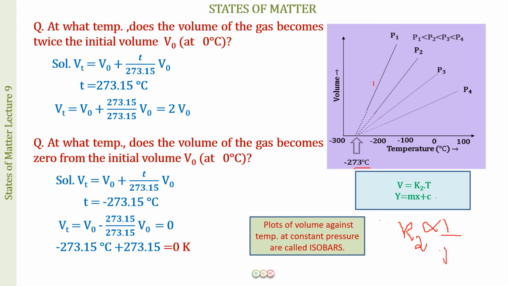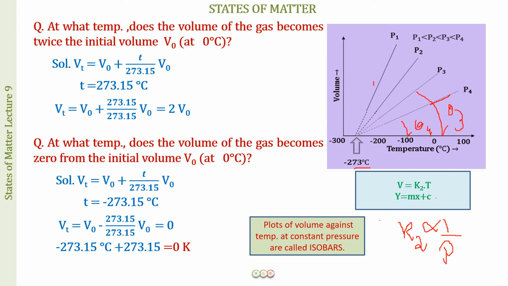So if the value of theta is going to be, say, less, right? So this theta over here, if I write this as theta 4, then this would be my theta 3. So if my theta 4 is less than theta 3, this means that tan theta 4 is going to be less than tan theta 3. The value of K2 for this pressure P4 is going to be less, right?